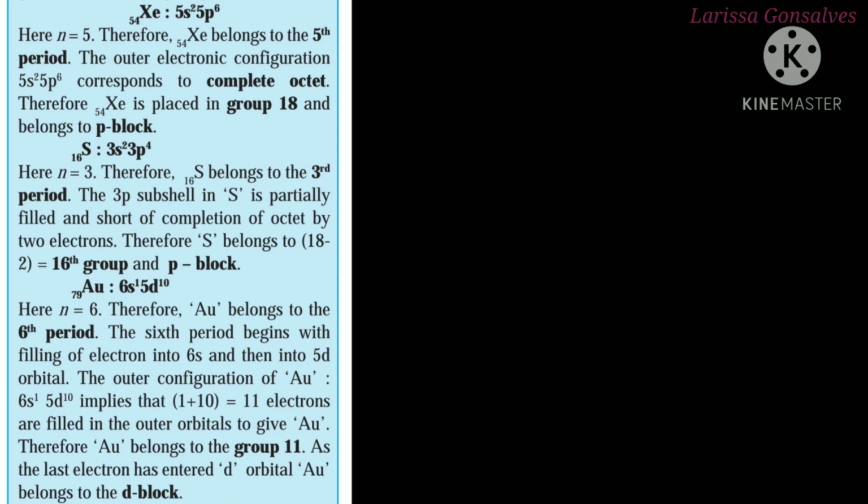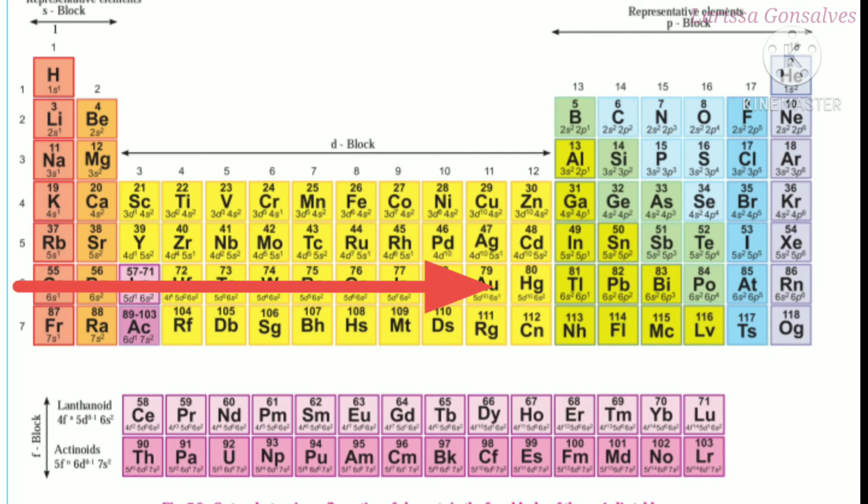If you have s and d, then first the s subshell is going to be filled and then the d subshell or the d orbital. If you look at the outer configuration of Au, it is 6s1 5d10, so 1 plus 10 gives us 11 electrons. Therefore, Au belongs to group 11 and the last electron enters the d orbital, and that is why it belongs to the d block.